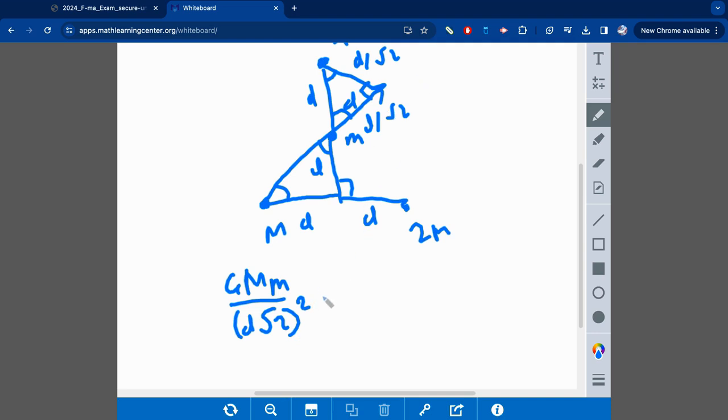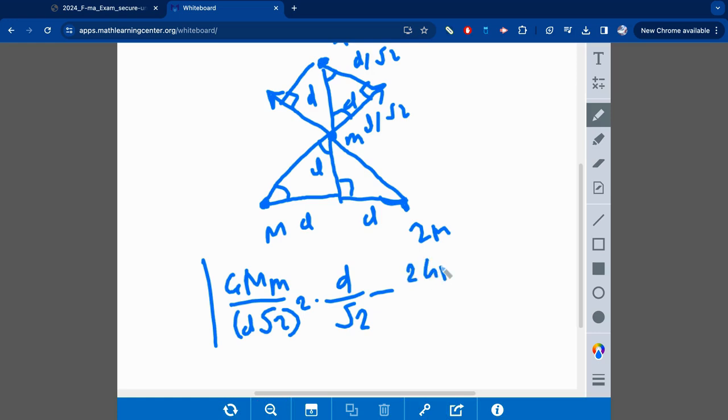So this is the torque due to this force, so you multiply it by d over root 2. And the torque from this other force also has the same perpendicular distance of d over root 2. We want the total torque. We're actually not going to add them, because the torques are acting in opposite directions. Since we want the magnitude of the torque, we take the absolute value of the difference.